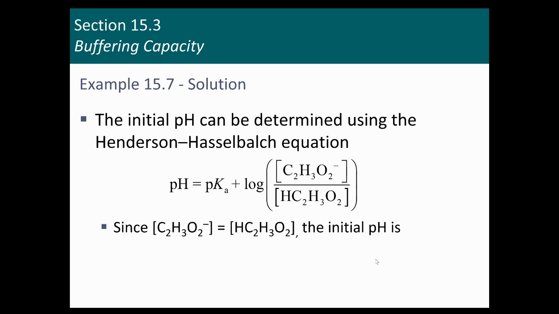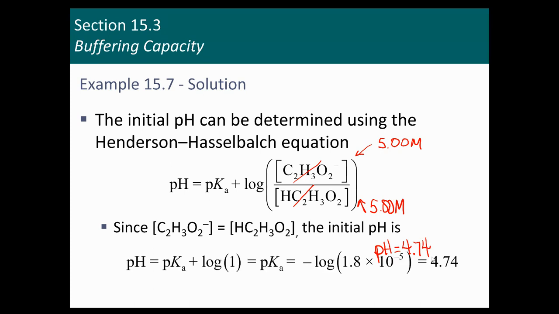Okay, so initially, the pH of this buffer, if these are both 5 molar, hopefully you're understanding that if the buffer ratio is 1, where these two cancel out, pH equals pKa. So the pH will equal the pKa, which is 4.74. That's where we're starting from in the buffer. Okay?